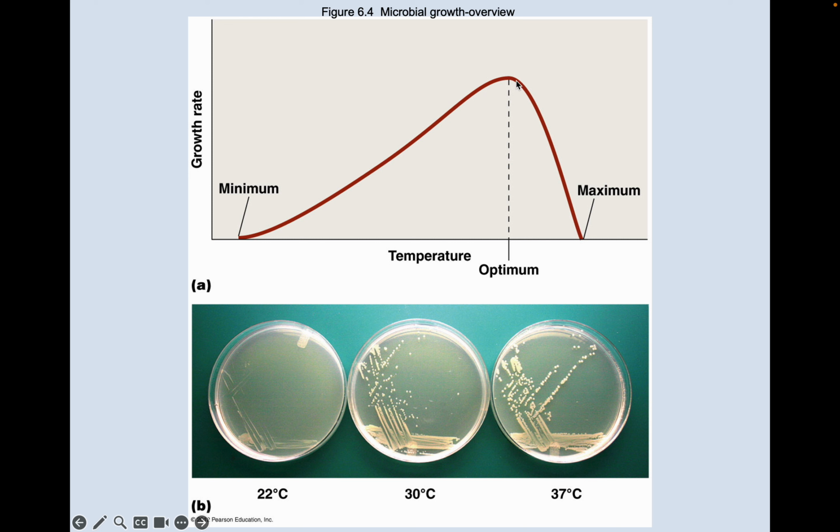But if you get too far beyond that, it plummets, right? So we know that somewhere around here is where denaturation occurs of the proteins, an irreversible change. These bacteria will never grow again. They're done. But an optimum temperature for bacterial growth is a very real thing.